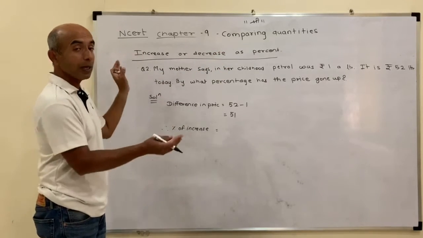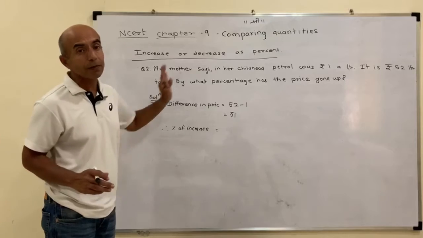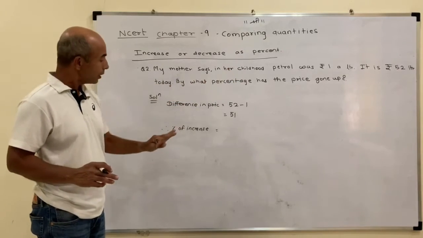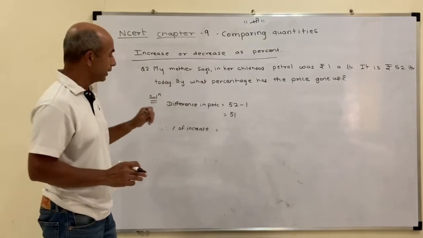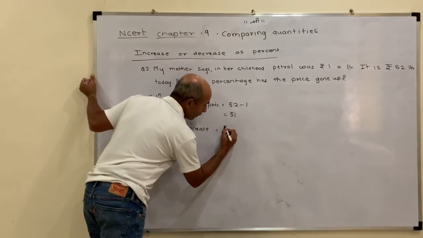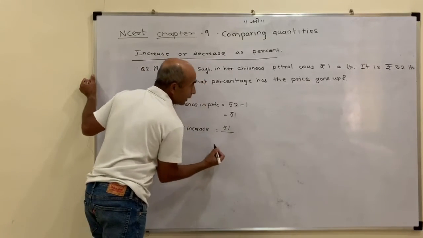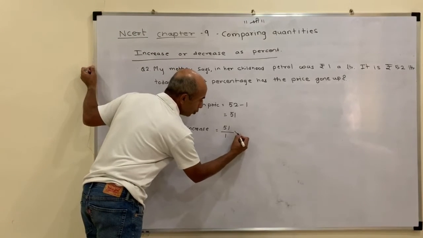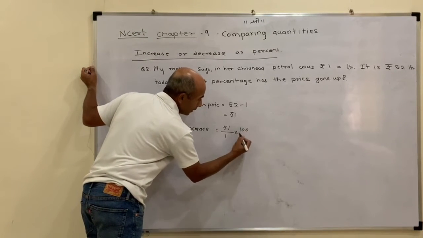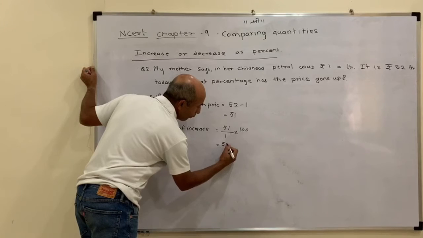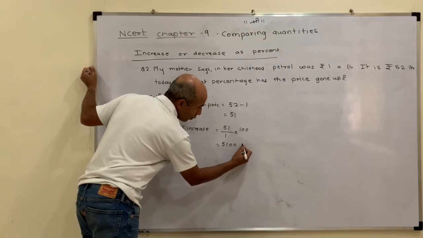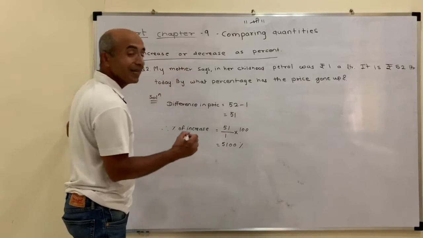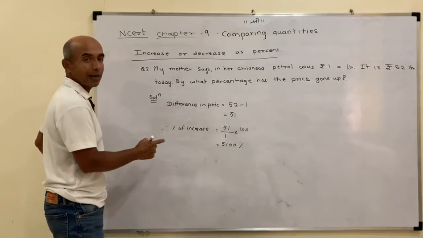If it were the other way, we would say percent of decrease. So the percent of increase equals 51 divided by the previous price, 1, into 100. So 5100% is the increment in the price.